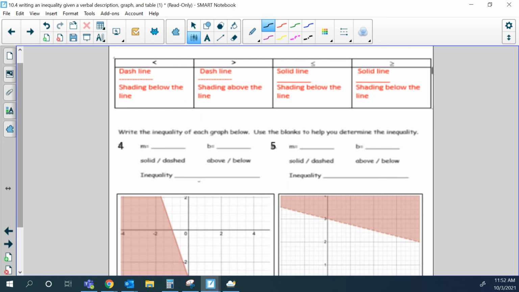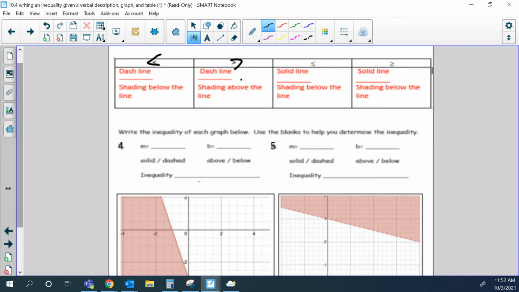Greater than also means a dashed line, and you shade above the line. That's pretty self-explanatory. If it's greater than, you shade above. If it's less than, you shade below the line, and it's a dashed line.